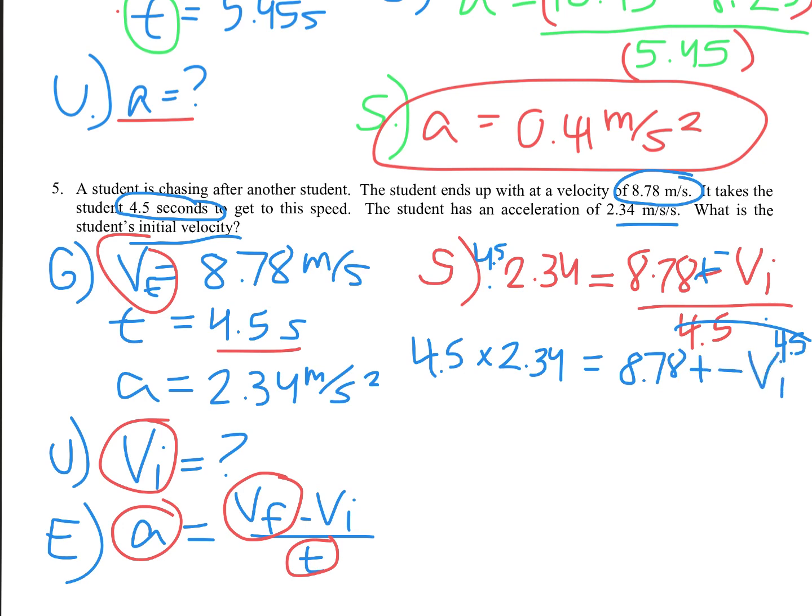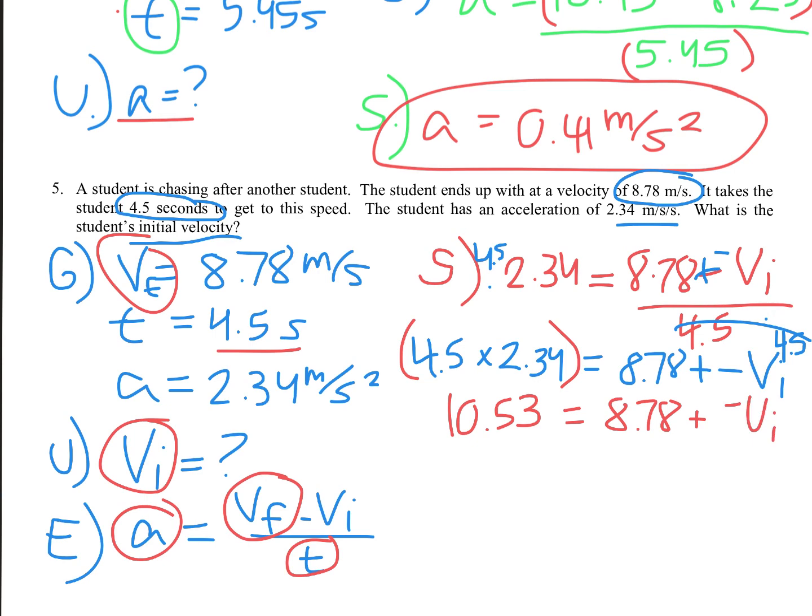Now that I did that, I can multiply these together. 4.5 times 2.34 gives me 10.53, which equals 8.78 plus a negative VI. Now, how do I get VI all alone?